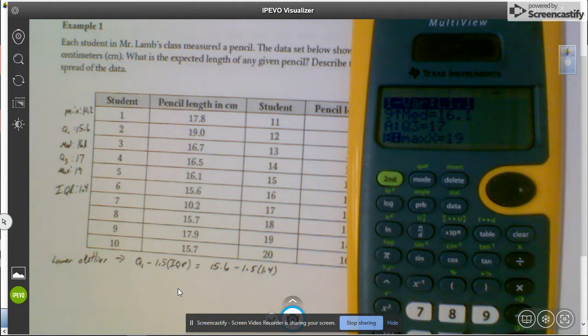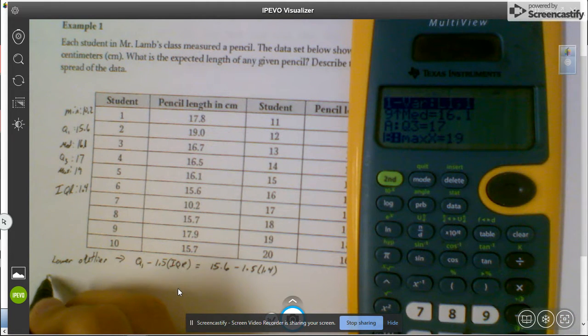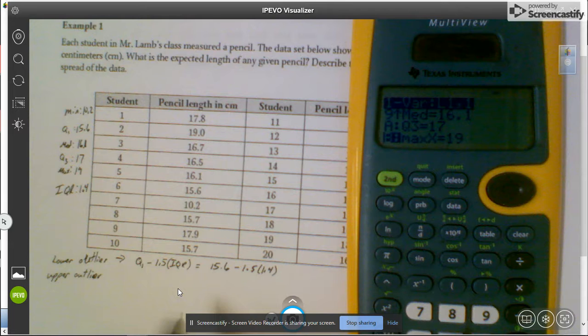Now, on the upper side of things, we're going to do the same thing. So for the upper outlier, what you're looking for is anything that's beyond these numbers. Anything below this value and anything above the next value. So Q3 plus 1.5 times IQR.